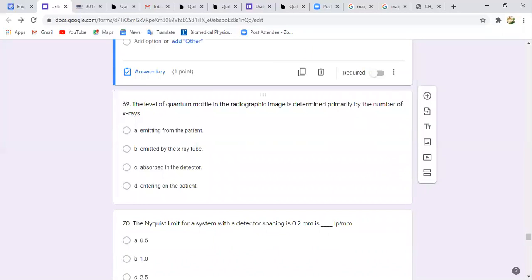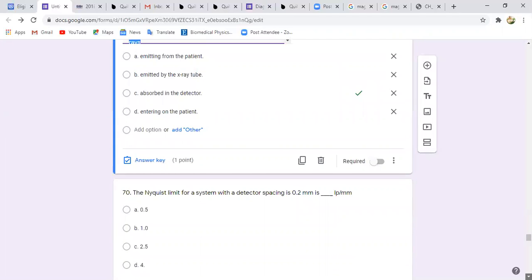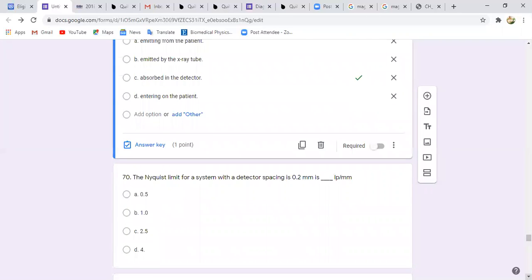So we have 70. The Nyquist limit for a system with a detector spacing of 0.2 millimeter is what? Of course, the Nyquist limit places a restriction on the frequency that can be used.